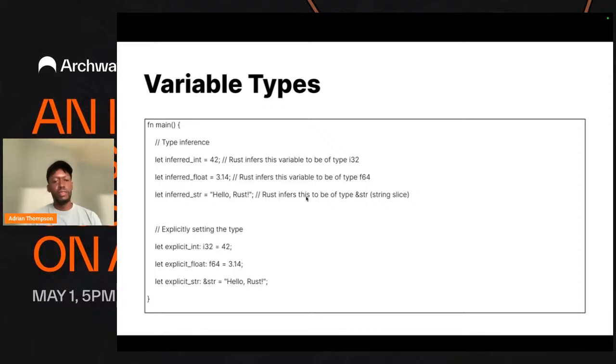So that's inferred variable declaration. But I think it's best to always explicitly define your variables, and you do that by adding a colon and then the type to the variable. So similar as above, but you're explicitly setting the type to an i32 and so on.